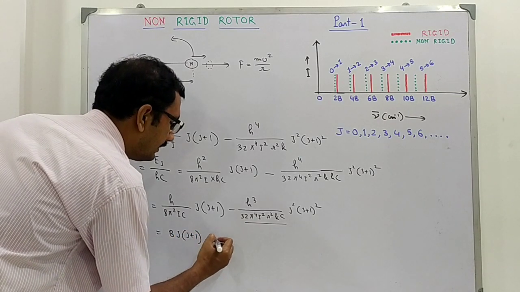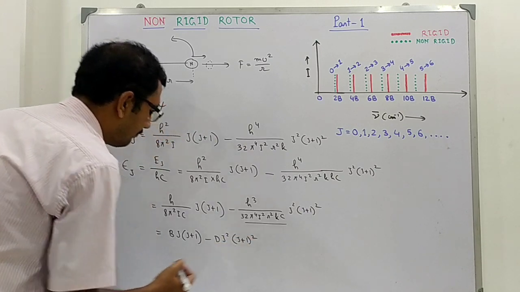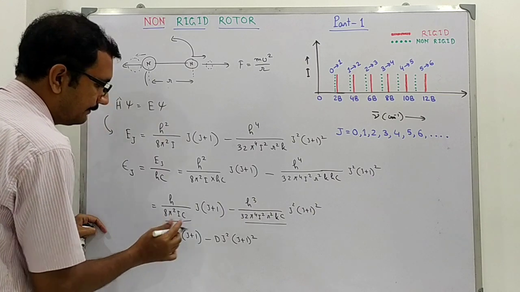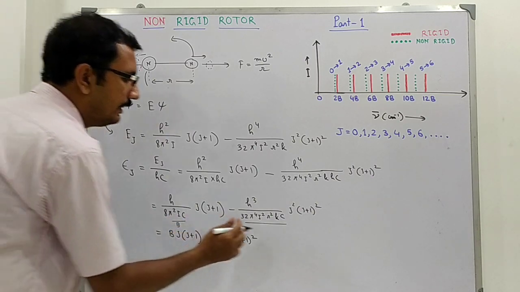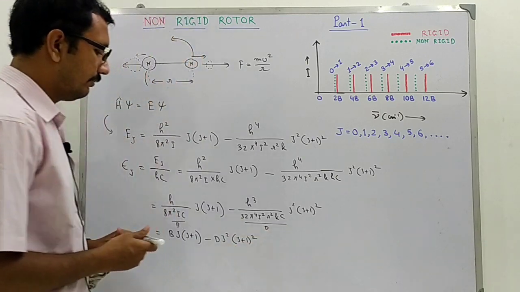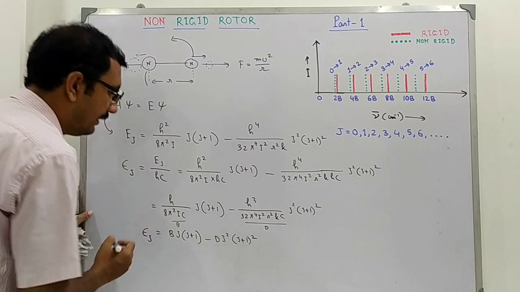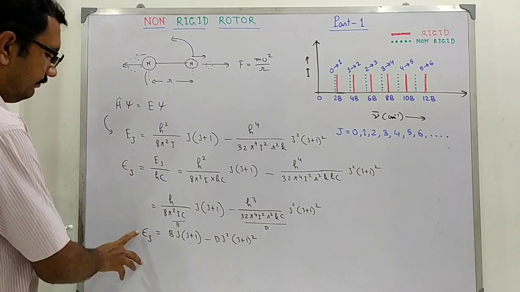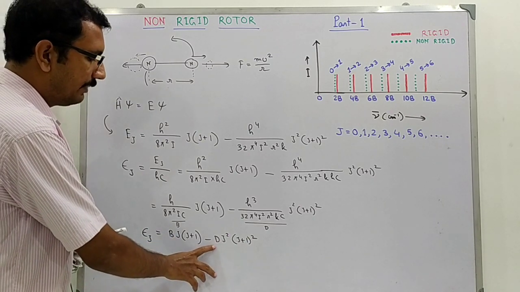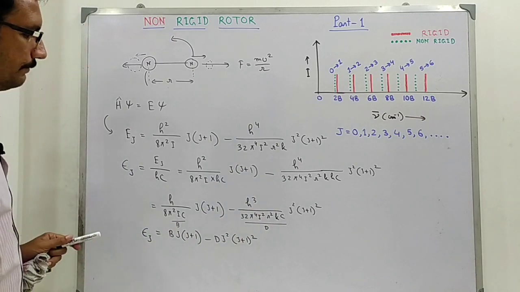So, it will be minus d j square into j plus 1 whole square, and this was predefined. This is the rotational constant B, and this is defined as the centrifugal distortion coefficient. So, our energy expression gets modified to epsilon j equals B into j plus 1 minus D into j square into j plus 1 whole square.